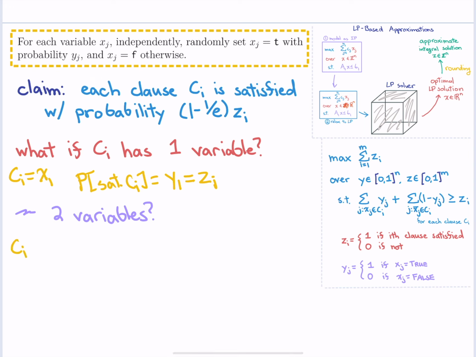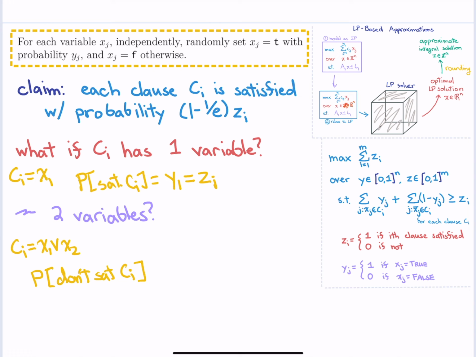All right, so now what about two variables? Let's say that ci is equal to x1 or x2 for concreteness. So we can retrace the same steps. The probability that I satisfy ci is, or maybe let me do it differently. The probability I don't satisfy ci, which just has two variables x1 and x2 for simplicity.